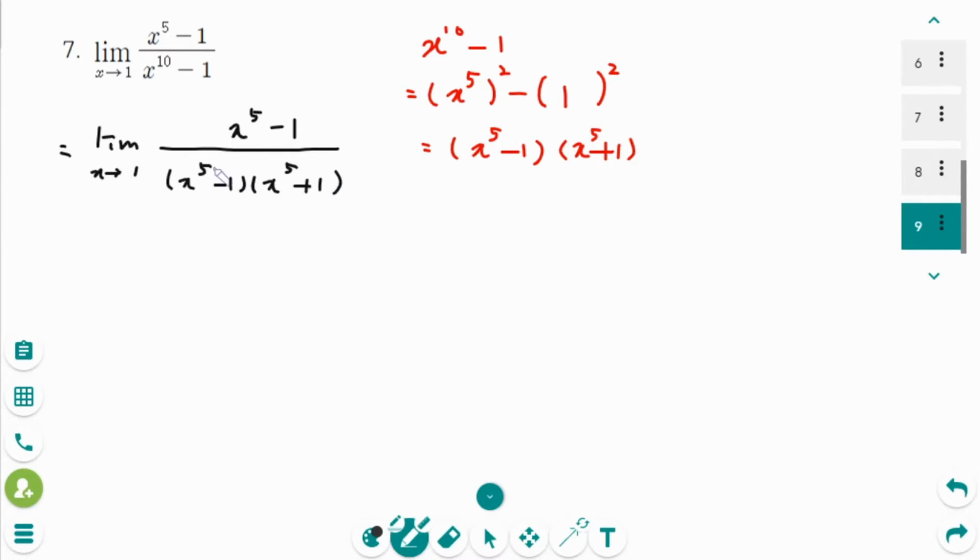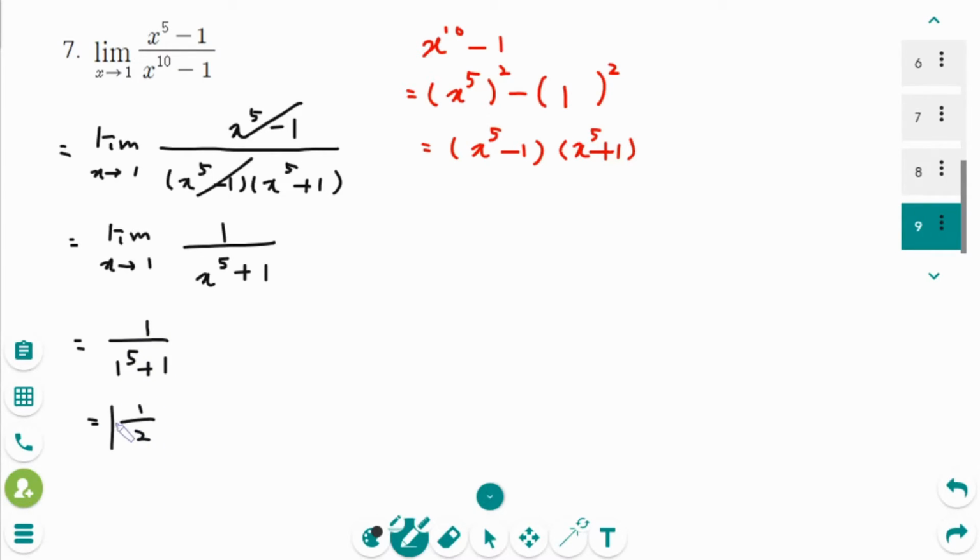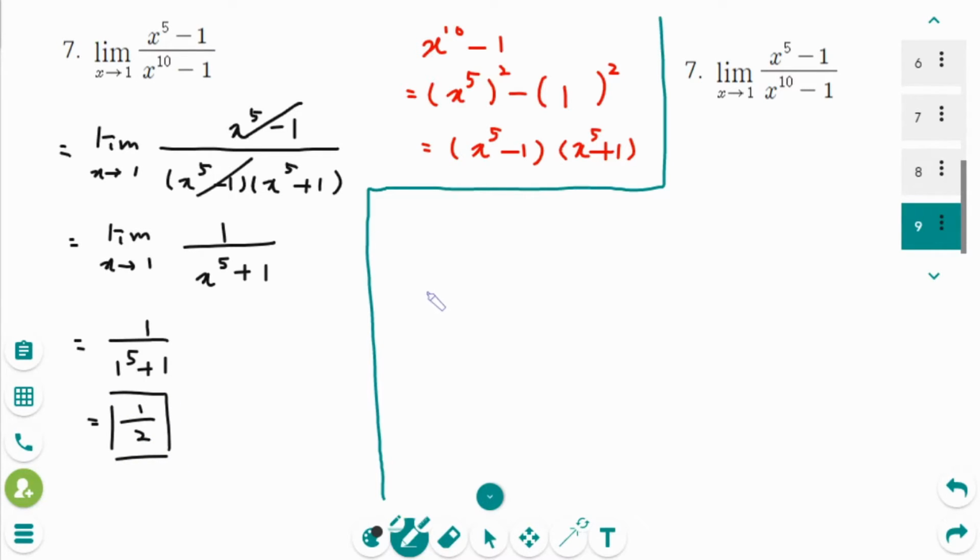Then cancel the common factor. Then put 1 into x. This is 1 over 2. That is the answer.